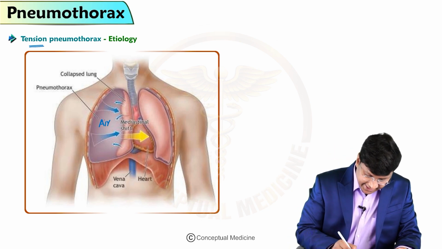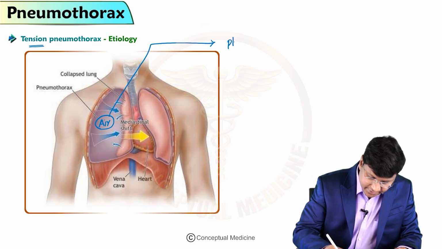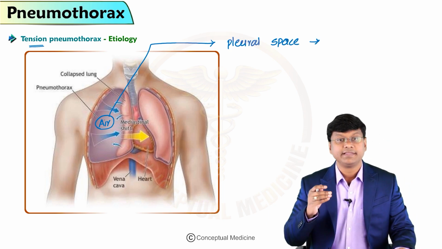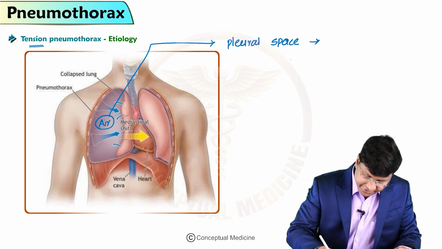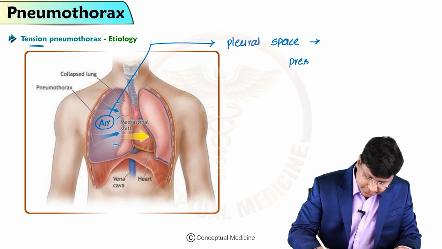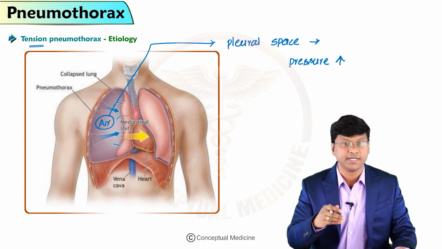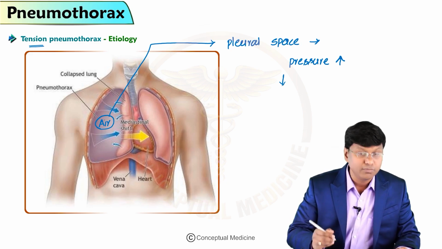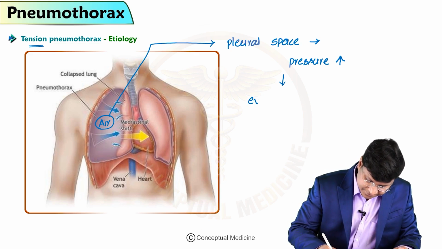But with the air which has entered into the pleural space, there is an excessive increase in the pleural pressure. So the pressure in the pleura is very high, and this excessive increase in pleural pressure almost exceeds the alveolar and venous pressure.